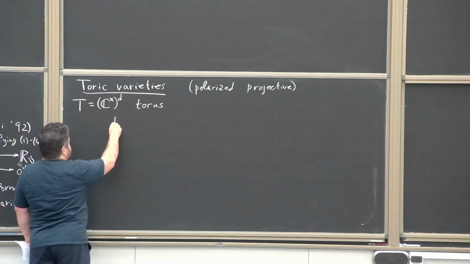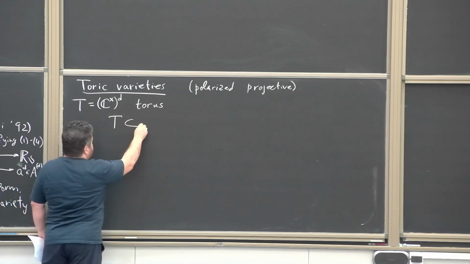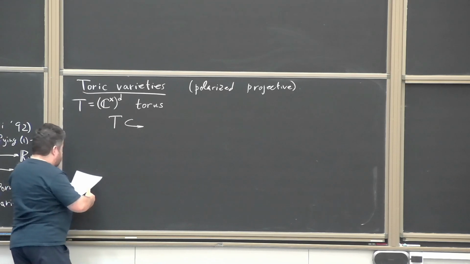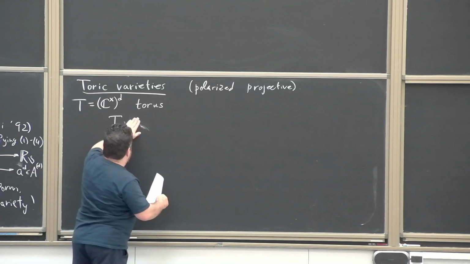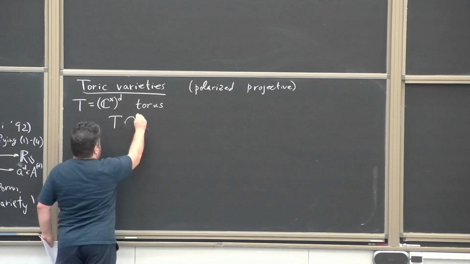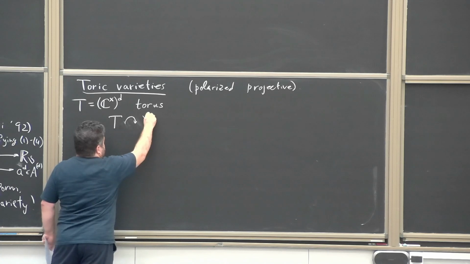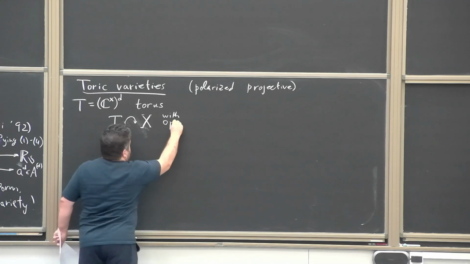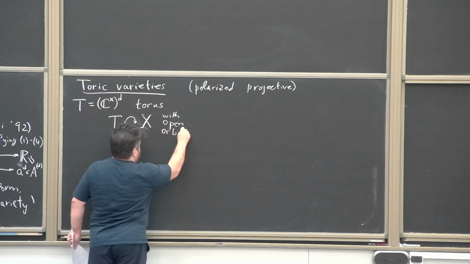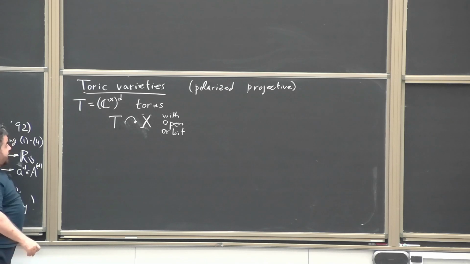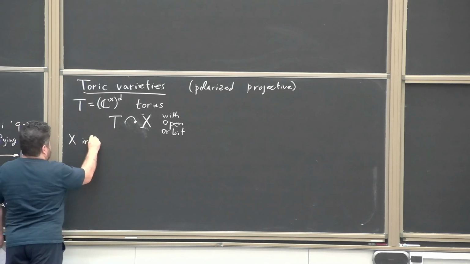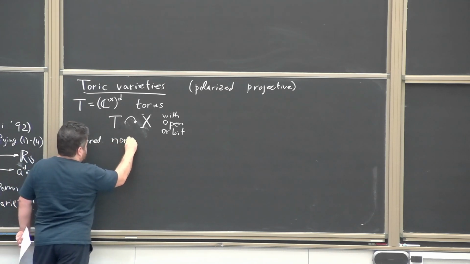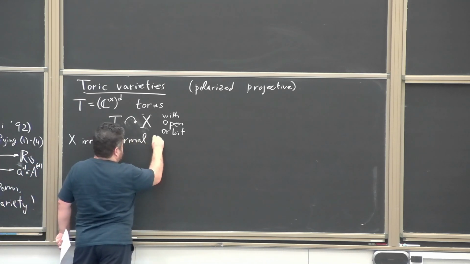So I can say that T acts on some X with an open orbit, and X is an irreducible normal projective variety.